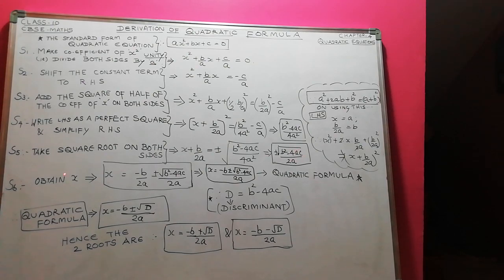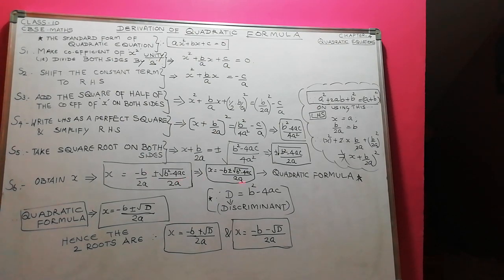So now you have to solve for x. This b by 2a term you have to shift to the right side. So it becomes x equal to minus b by 2a plus or minus square root of b squared minus 4ac by 2a. Now observe, this is the common denominator for both the terms, that is 2a and 2a.